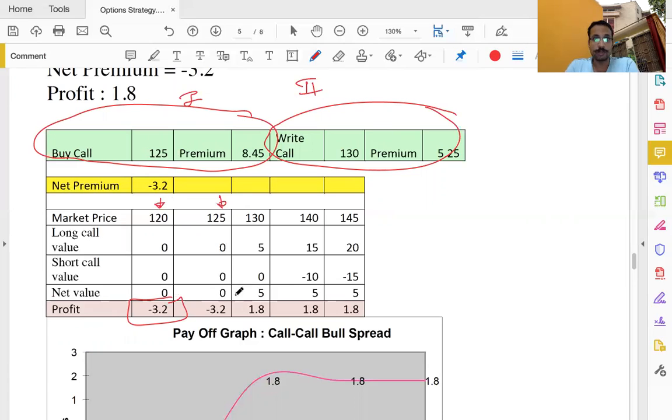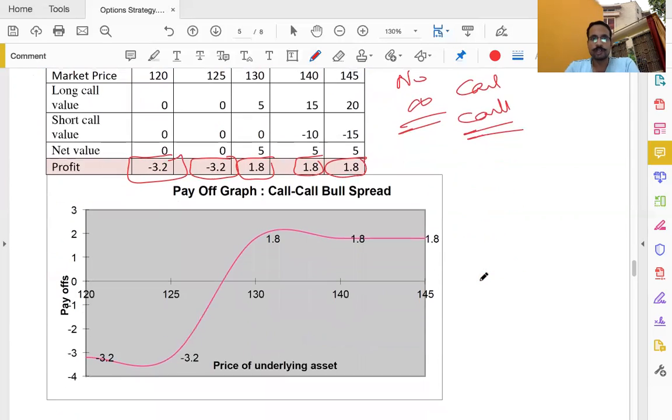If the market price becomes 135, I'm still making losses. And at 130, I start making profit, and that profit remains constant. So there is no infinite profit in call strategy, right? No infinite profit. So the graph actually looks like this for the call.